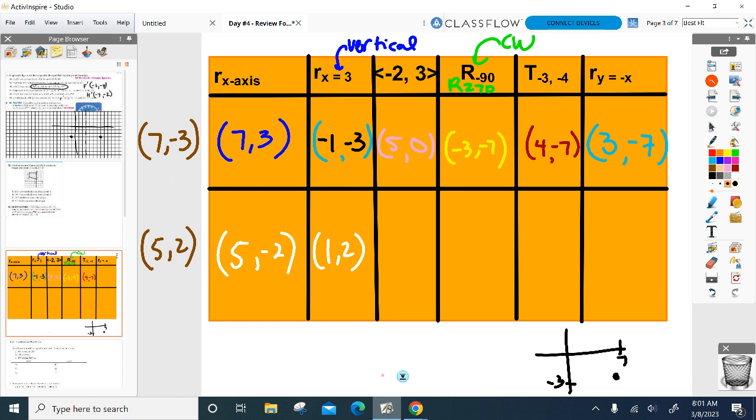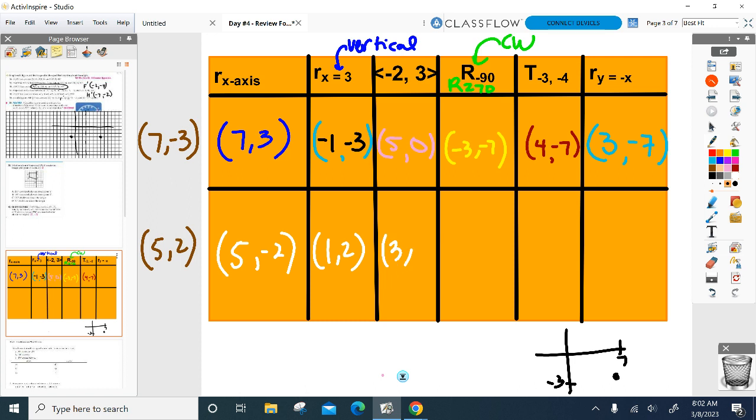Okay, you went down 2, right 3. So I'm at 5, -2, Spence. Sorry, right 2, down 3. I left 2, up 3. I'll get it sooner or later. I got the 3 part.